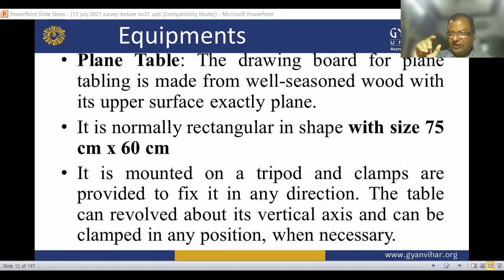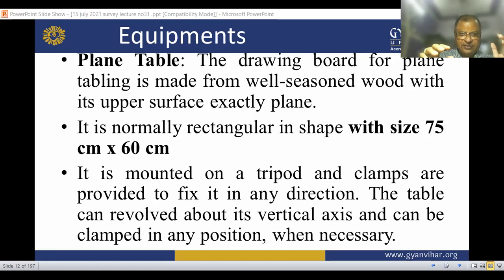The drawing board of the plane table is made from well-seasoned wood with the upper surface exactly plane. It is normally rectangular in shape, with a size of 75 centimeters by 60 centimeters.